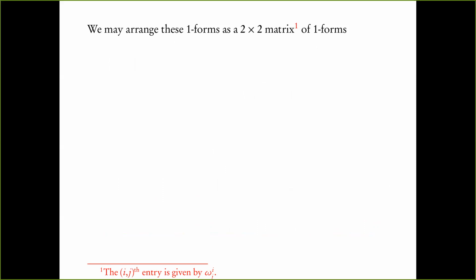Probably some of you have got the hint already that we want to arrange them as a matrix. It's going to be a 2 cross 2 matrix because there are 4 entries, and as the footnote suggests, the ijth entry is going to be given by omega superscript i subscript j, meaning the superscript is going to stand for the row, the subscript is going to stand for the column. Okay. So let me show you what the matrix looks like.